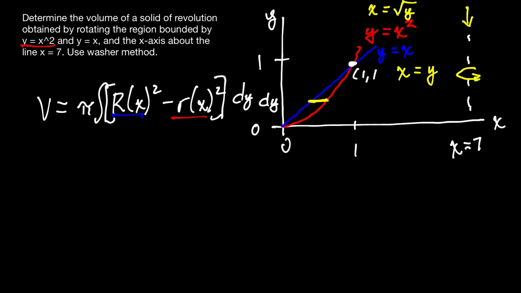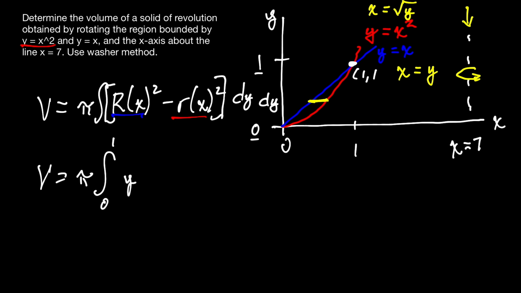So let's go ahead and make some substitutions. So volume is going to be pi times the integral. Again, we're going from 0 to 1, but we're doing it in the y direction. So let's see, big R would be just x equals y, so that's y.